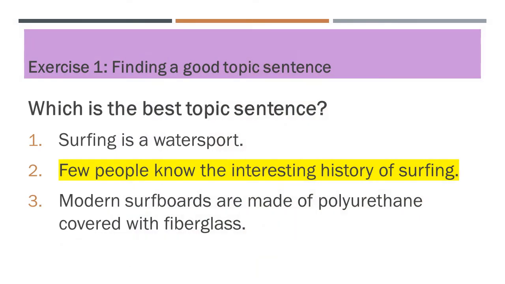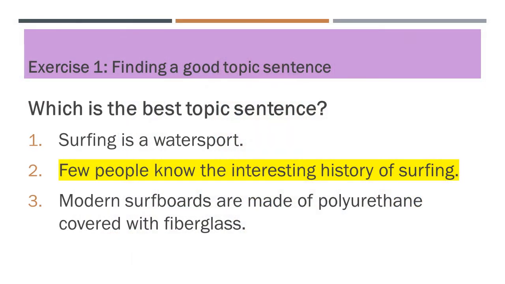Okay. Let's look at the ones that are not good topic sentences. Number 1, surfing is a water sport. It's just a definition of surfing, really. Very, very narrow topic sentence, just a definition. There's nothing more I can explain about this information. Yes, surfing is a water sport.